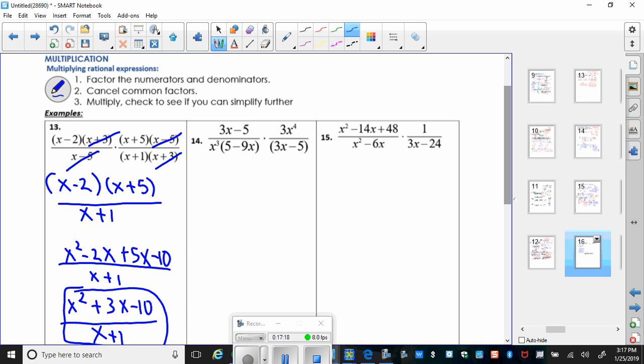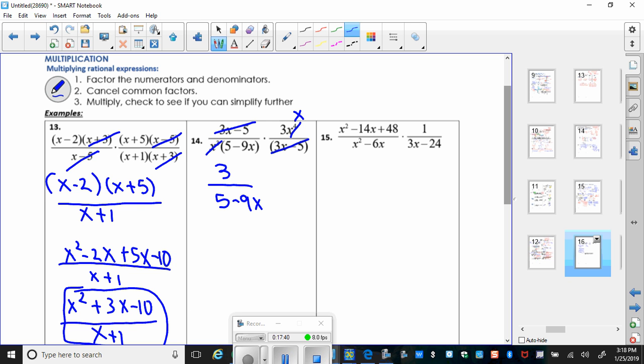Okay? So next one, I have 3x minus 5 cancels out, and then the x cubed takes away all three of those, and you're left with 1x up here. And then I simplify. I have 3 left on the top and 5 minus 9x on the bottom.